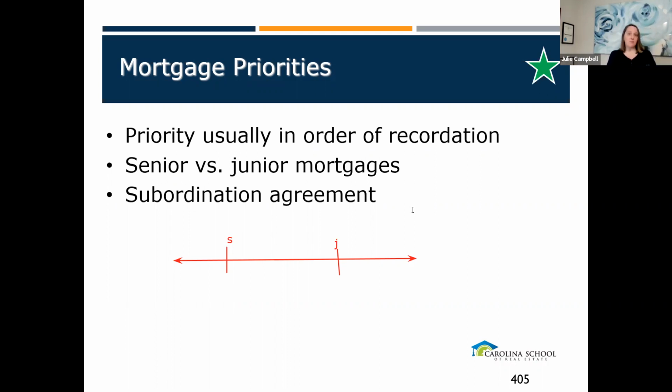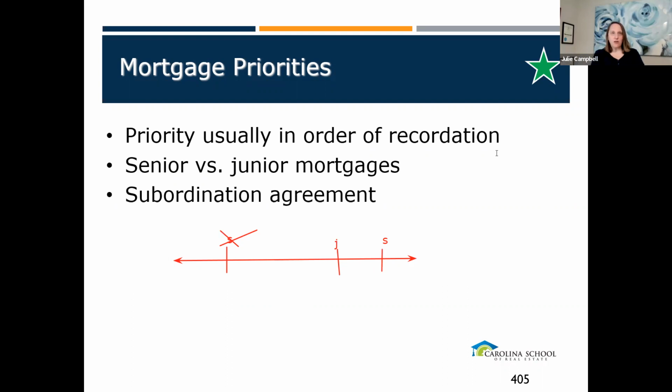Let's say, for example, you decide to refinance your senior mortgage. When you refinance, you redo the terms, renegotiate the terms, and then it gets re-recorded. And when it gets re-recorded, it's after the junior mortgage.